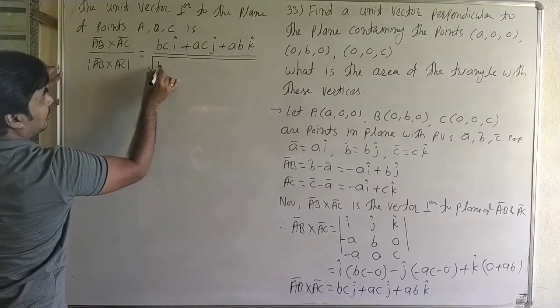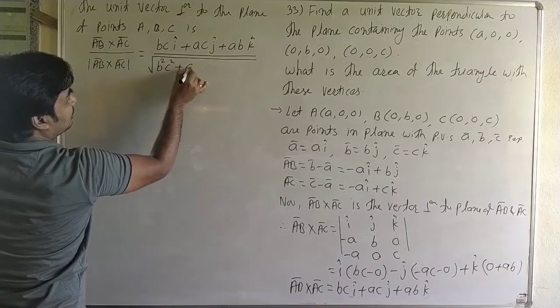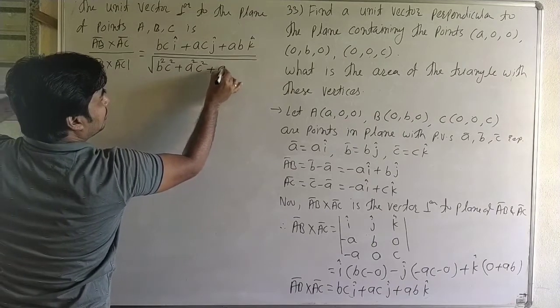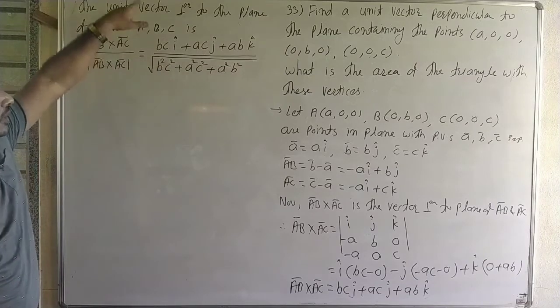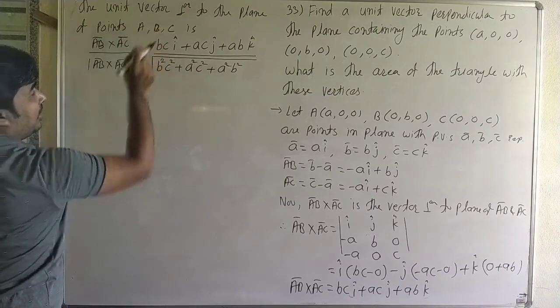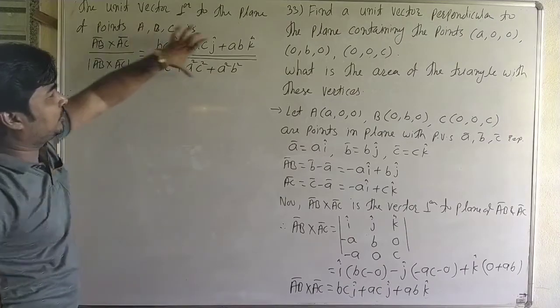It is B square C square plus A square C square plus A square B square. It is a unit vector perpendicular to the plane of points A, B and C. Therefore, okay, it is a unit vector perpendicular.